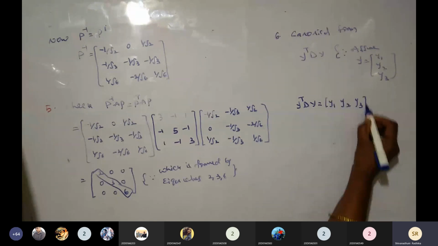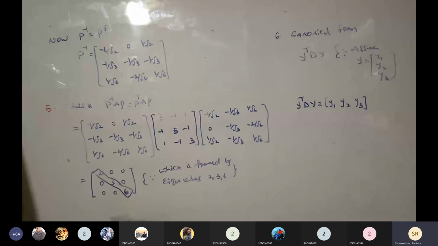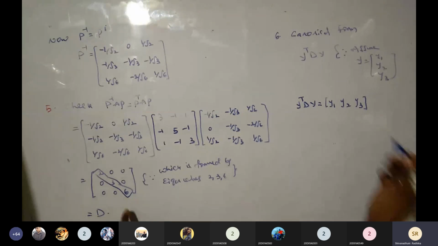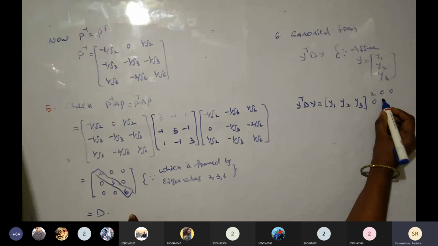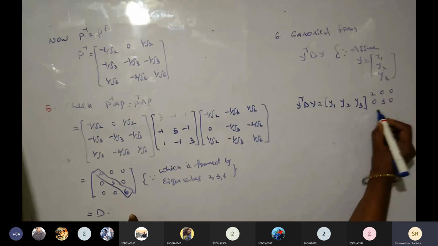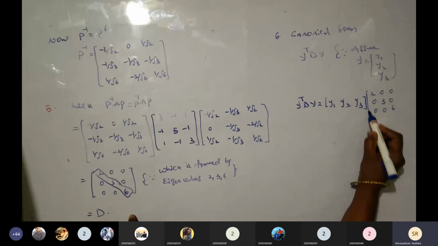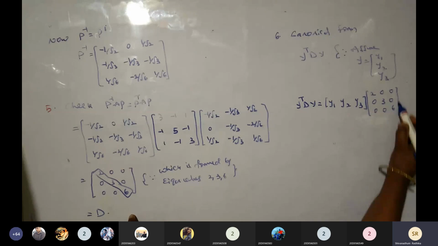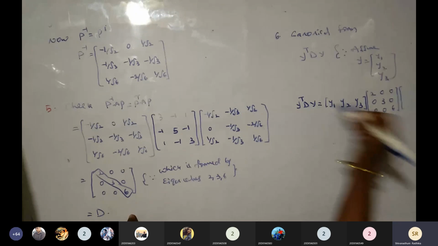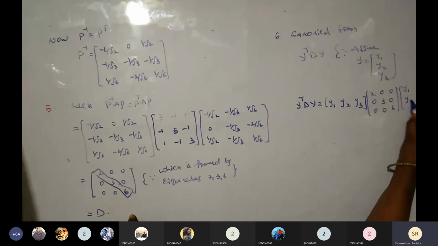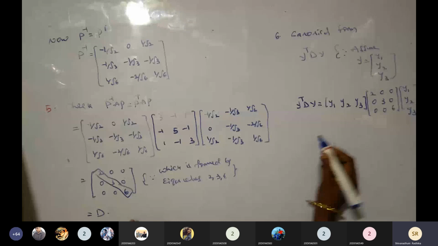Okay. Capital D is this one. Substitute here 2, 0, 0, 0, 3, 0, 0, 0, 6. It is clear. Into capital Y, that is y1, y2, y3. Multiply first row with the first column, 2y1. First row with the second column, 3y2.